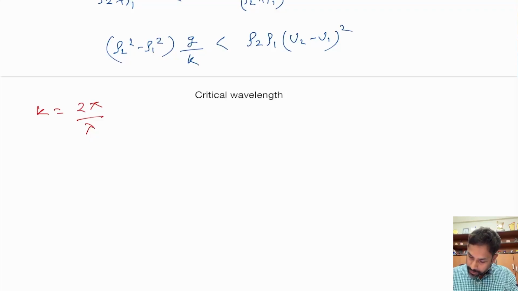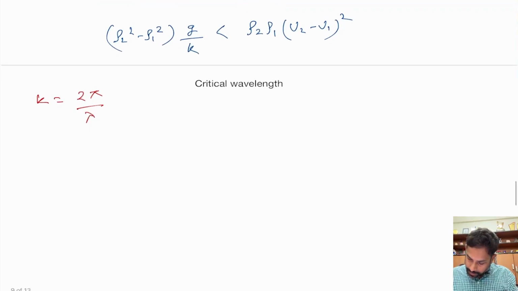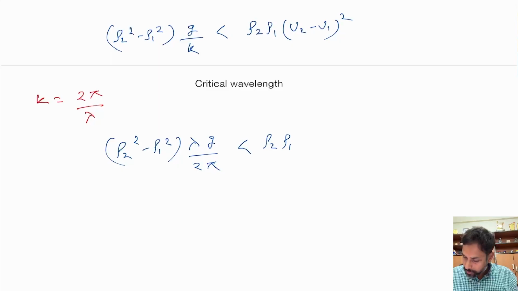So this condition gives rho 2 square minus rho 1 square lambda G over 2 pi is smaller than rho 2 rho 1 u2 minus u1 square.